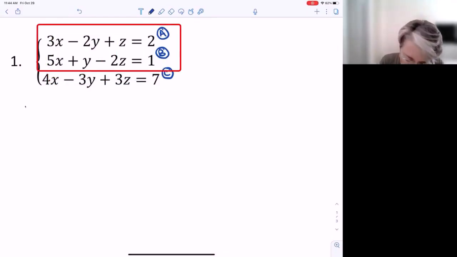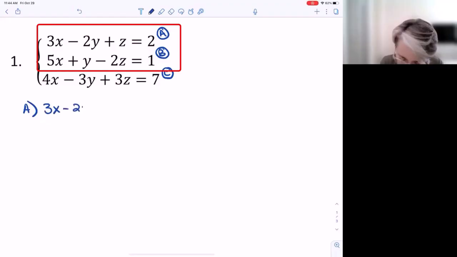Notice equation A has a negative 2y. So we're going to write it as is, 3x minus 2y plus z equals 2. But if I want to eliminate the y, I need to multiply equation B by a positive 2.